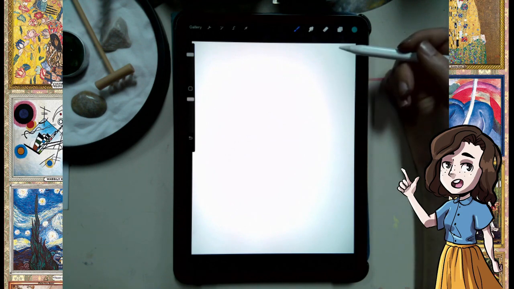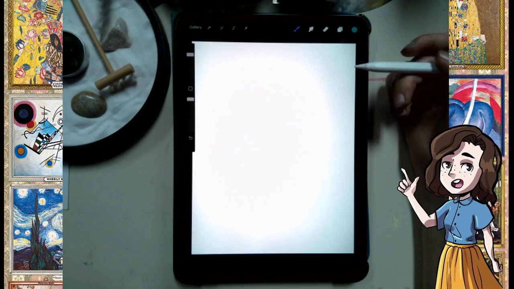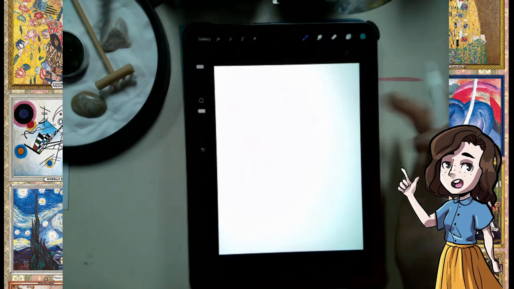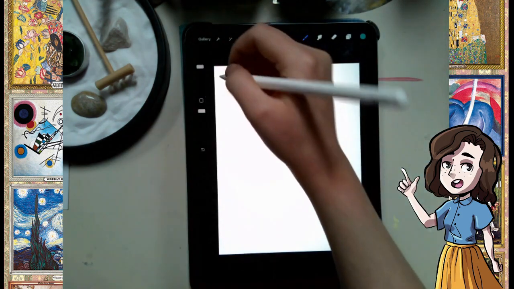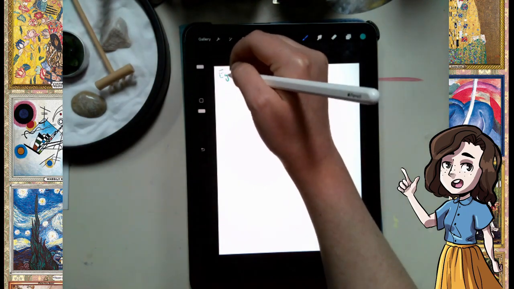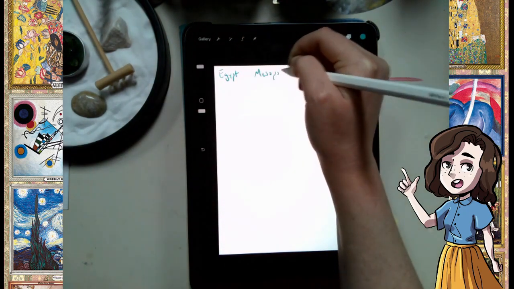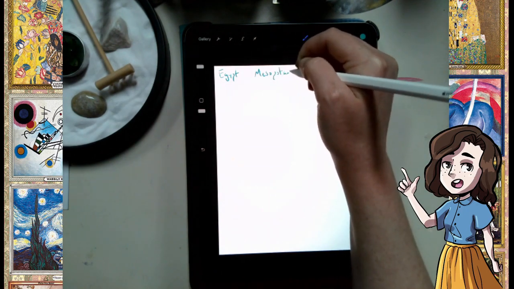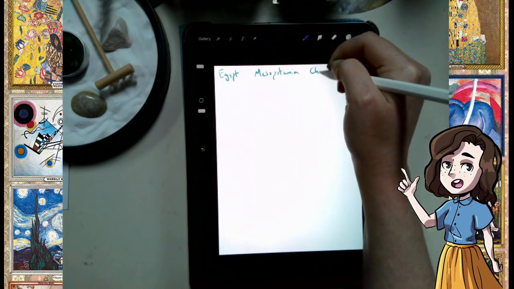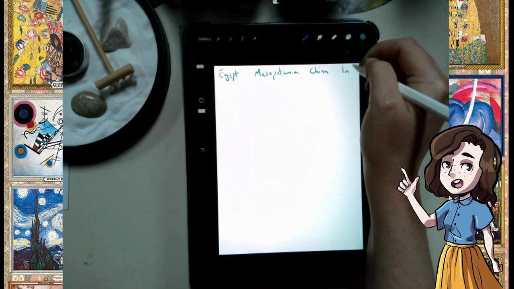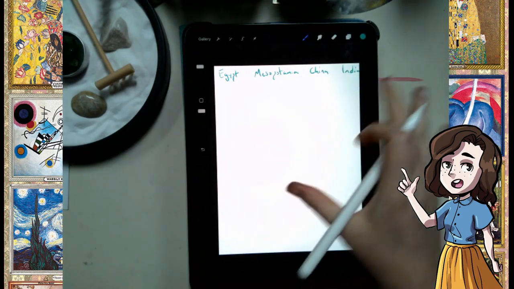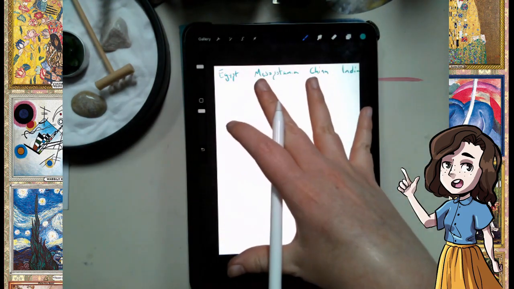But the idea is a writing system. So with that in mind, we have a few locations. We have Egypt. We have Mesopotamia, or the Near East. We have China, and we have India as the big early civilizations.